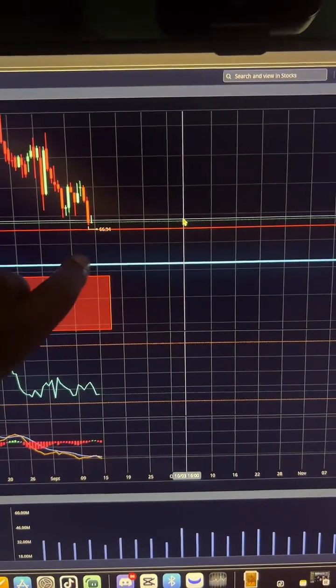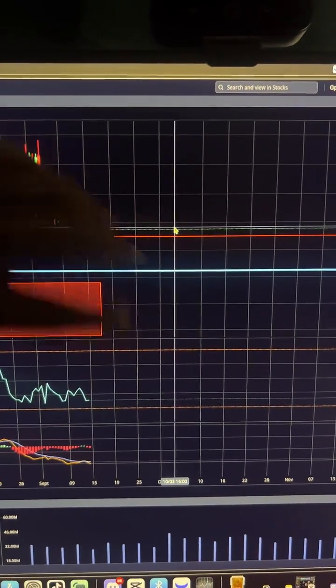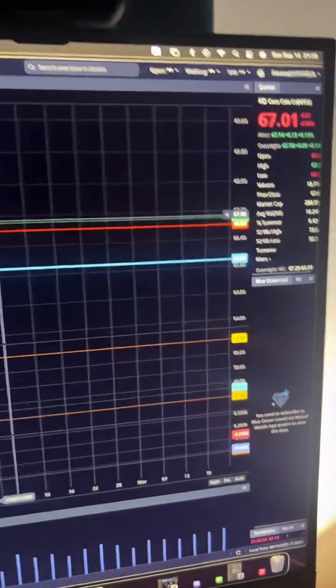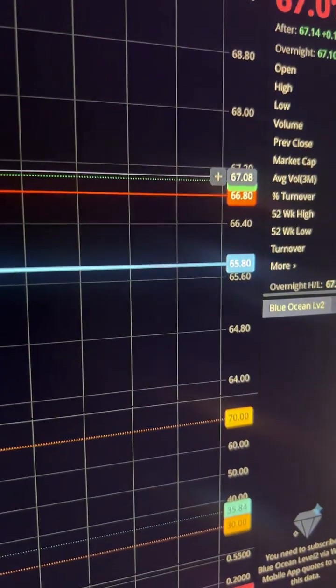If the price comes below this line and goes back above it, that's not enough. We want to see it come below the line and stay below the line. We know that if it goes to $66.80, then we know it's going to $65.